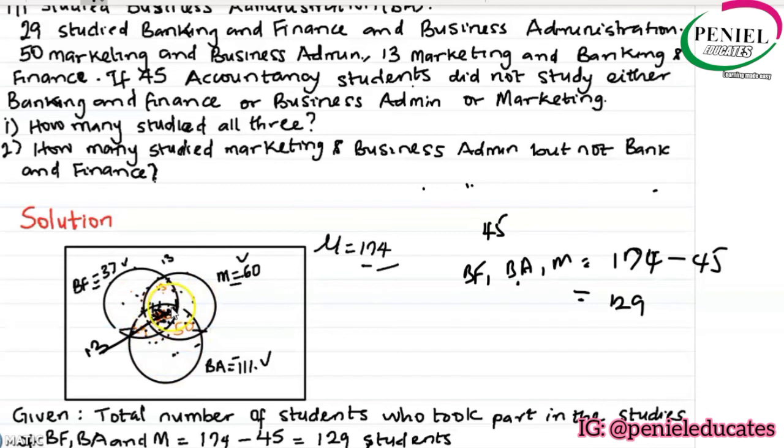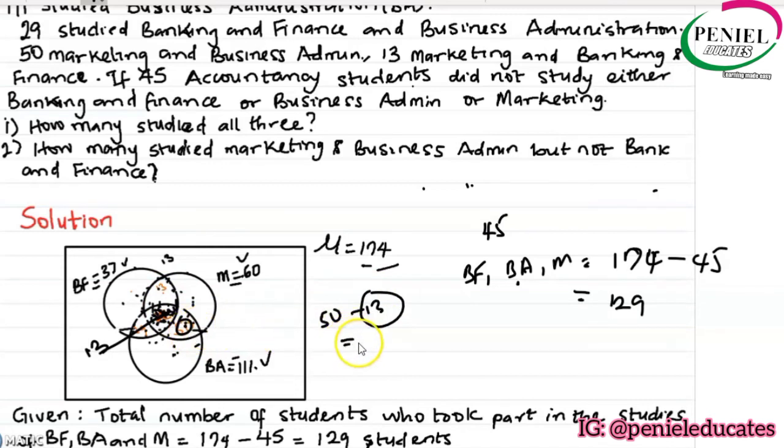So for us to get the people that studied this and this one, that intersect alone, it's going to be this 50, then minus 13, which is the people that study all the three subjects.